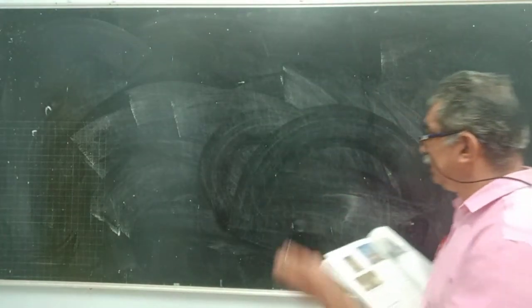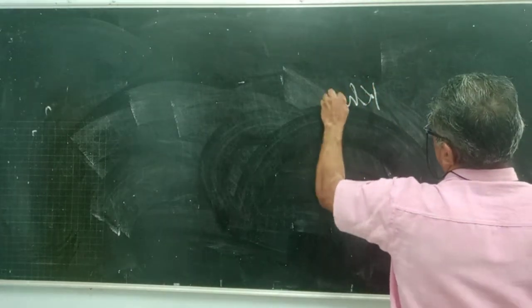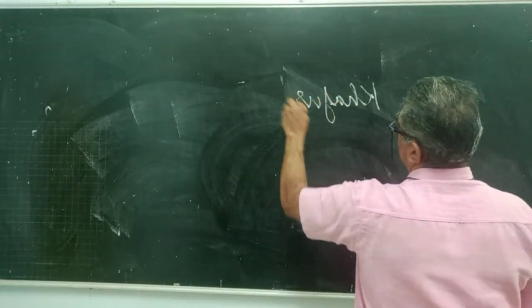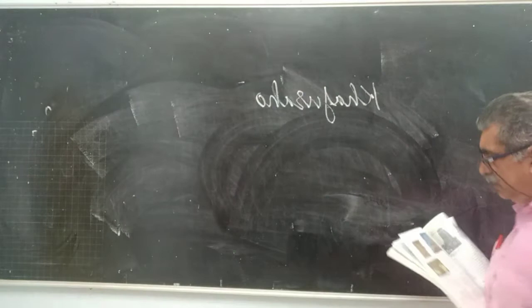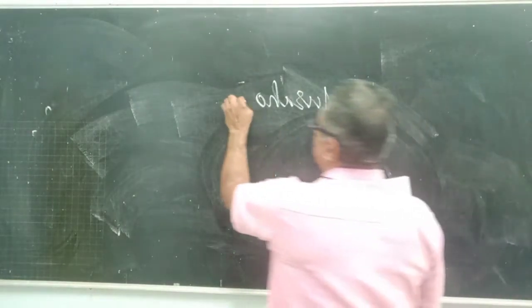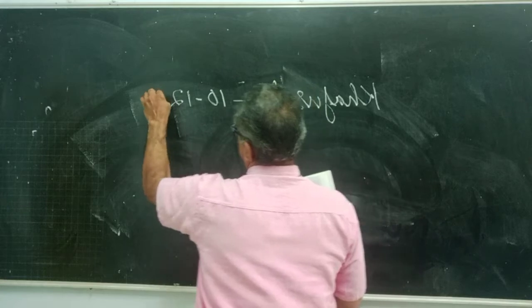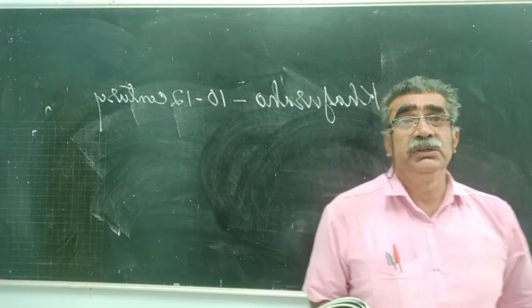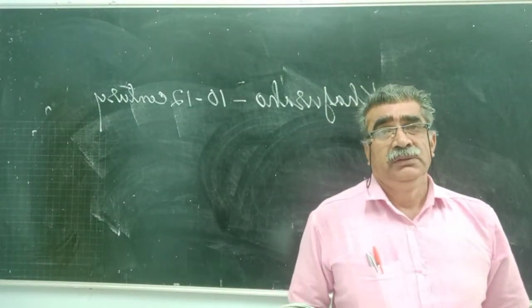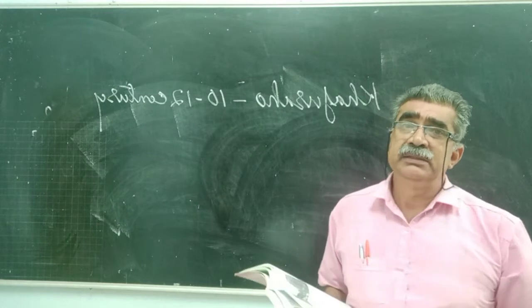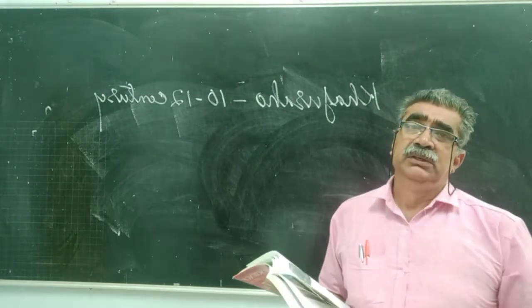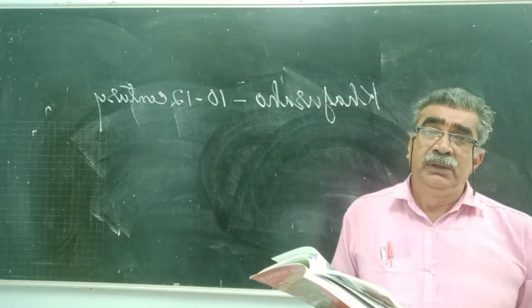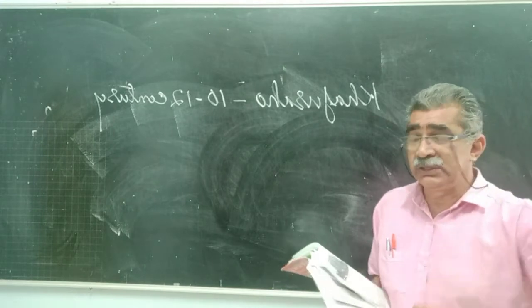So Khajuraho Temple, you know. It was constructed during the 10th to 12th century. Now, who constructed it? The Chandela kings.